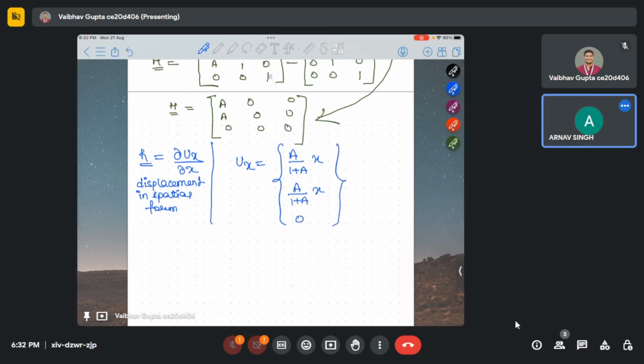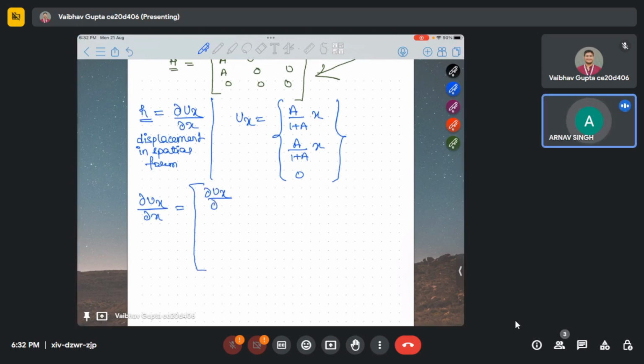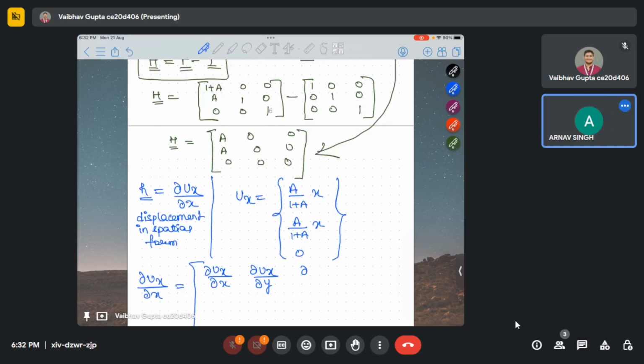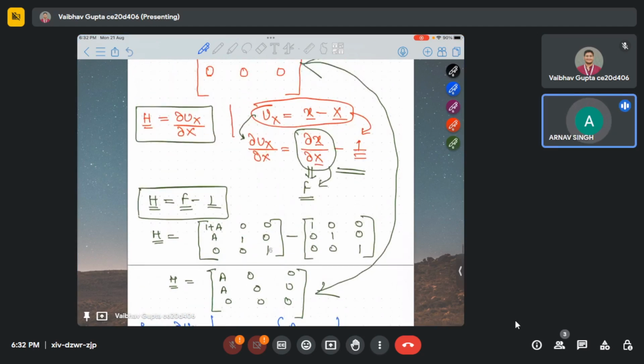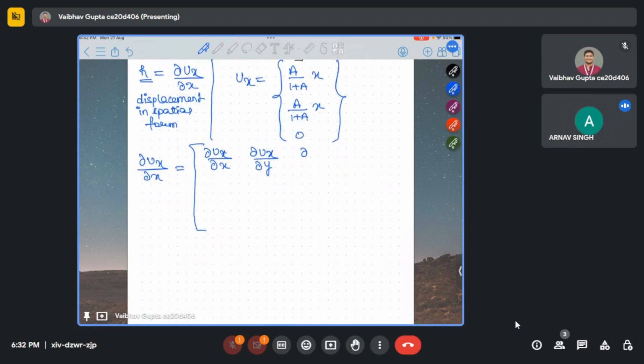So now dou u small x by dou small x will be equal to, I'll write the formula first. If I am finding out anything in capital, I will always use capital; here it is small x, so I will make it like this.